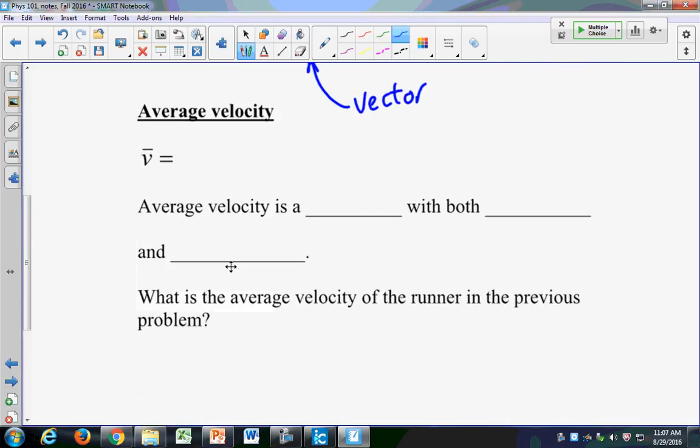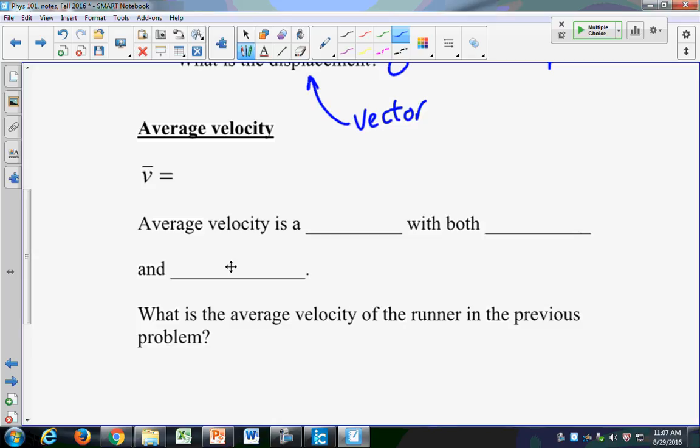Average velocity we're going to define as the displacement divided by the time. Notice how this is different from average speed. Average speed was the distance over the time. Average velocity is displacement divided by time. Velocity is a vector. Speed is not a vector.